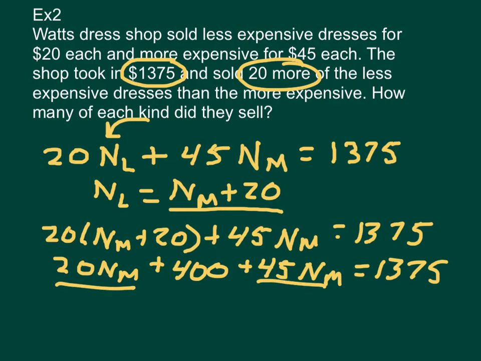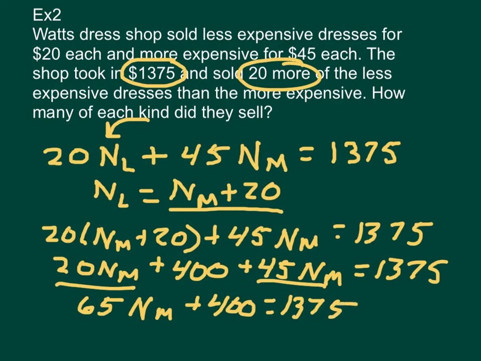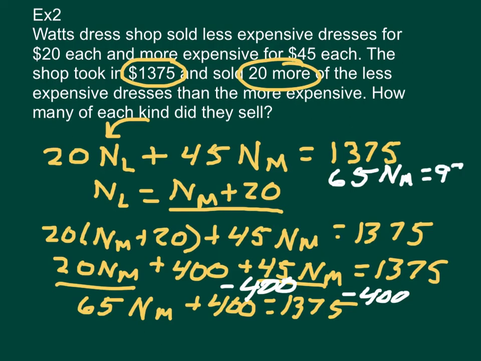Now simplify, combining like terms. So 20 and 45 is 65 N_M plus 400 equals 1,375. If I subtract 400 from both sides, 1,375 minus 400 is 975, so 65 N_M equals 975.